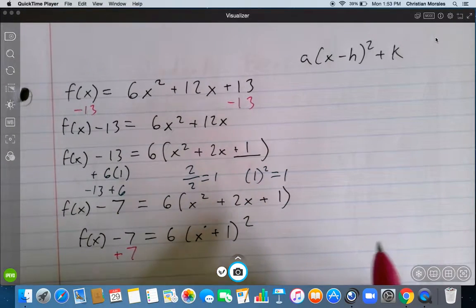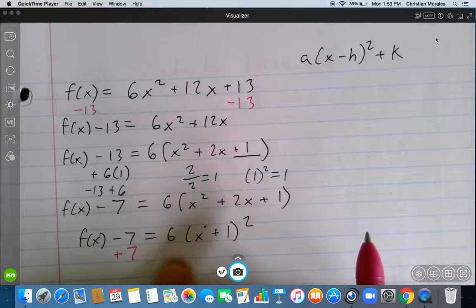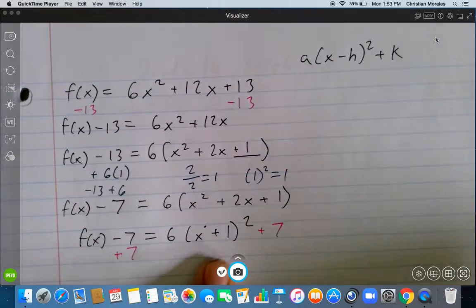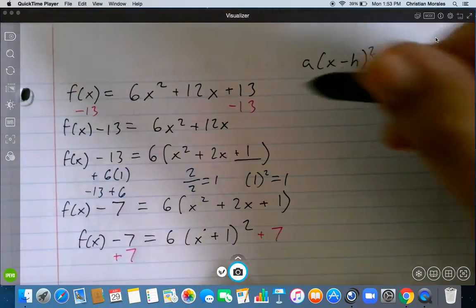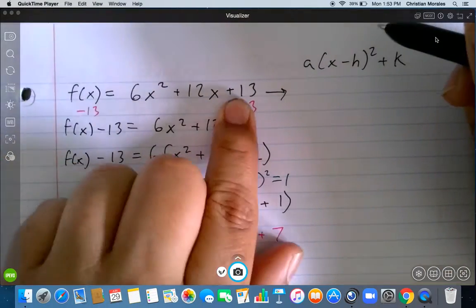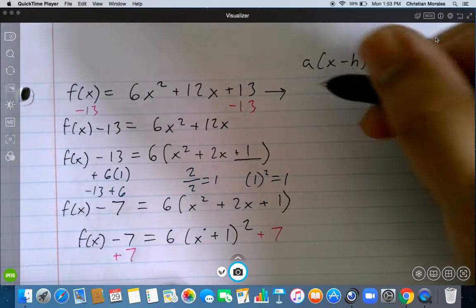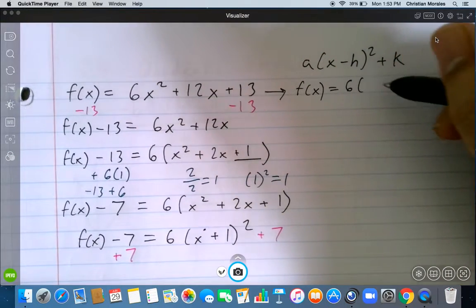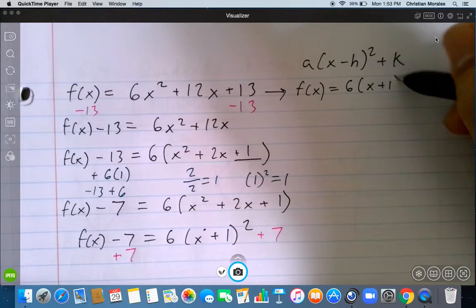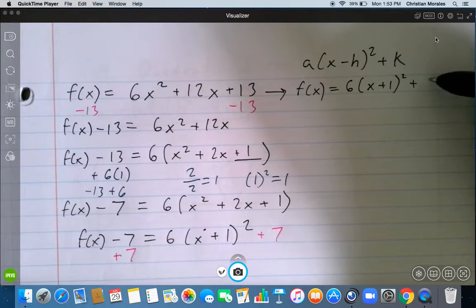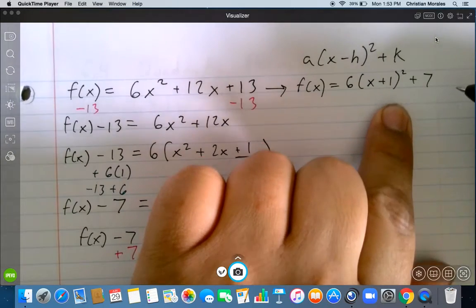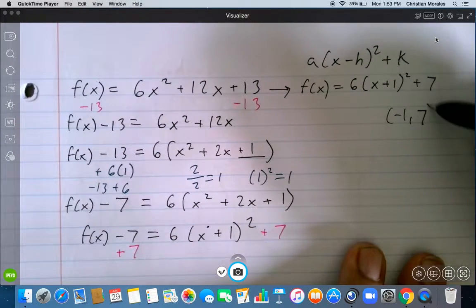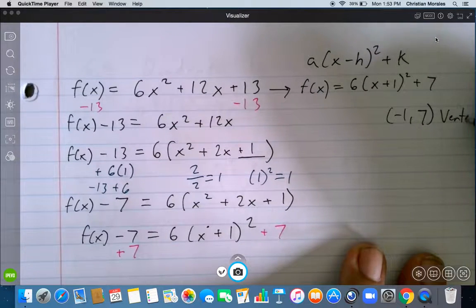We got to move it back, but not here with the 6 and not inside the parentheses, but at the end. So what happens? Your new equation in vertex form is 6 parentheses x plus 1 squared plus 7. And your vertex is negative 1, 7. There's my vertex.